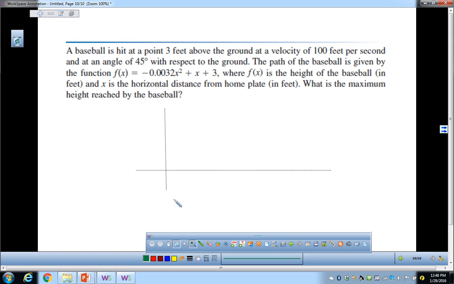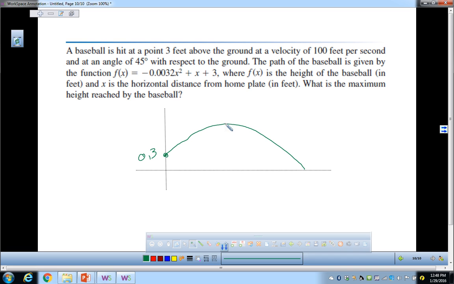But for right now, we're just worried about what kind of shape this makes. Upside down or right side up parabola? Upside down. If I plug in 0, what do I get out? 3. So this makes a parabolic arc, upside down, which starts at 0, 3, and goes up and then goes down. If you hit a baseball at a 45-degree angle, that's what it would look like.